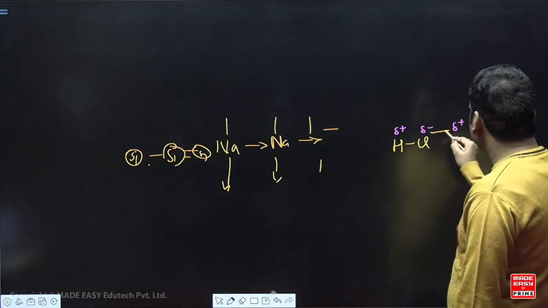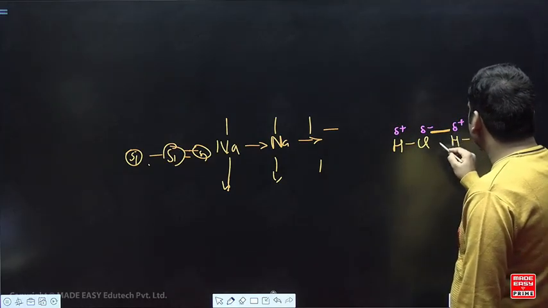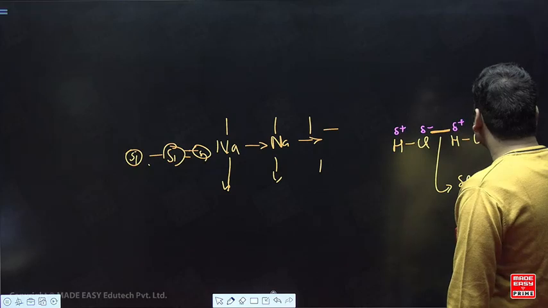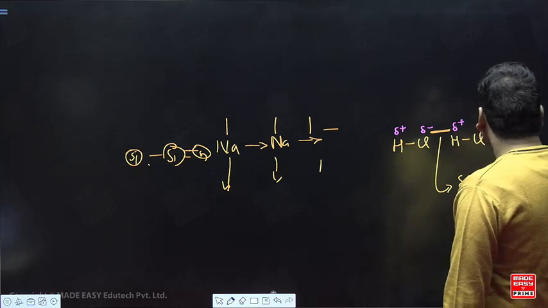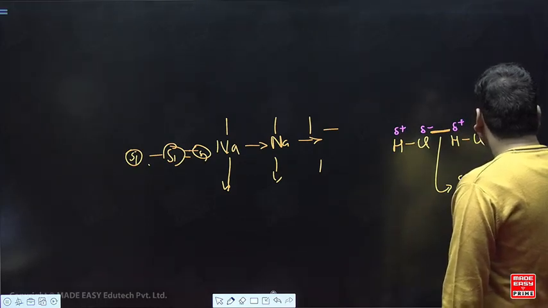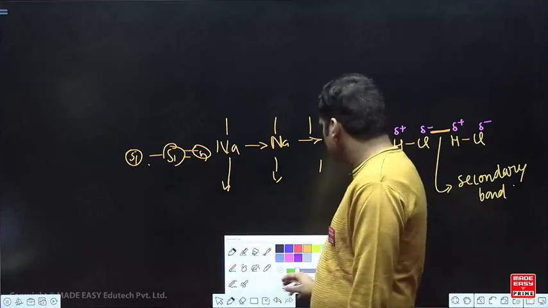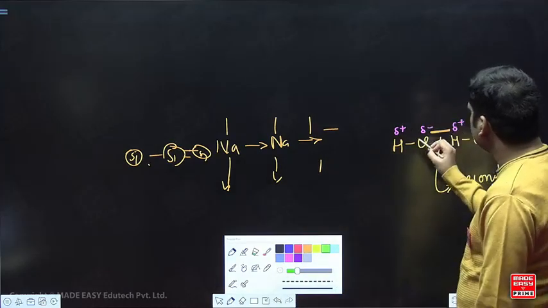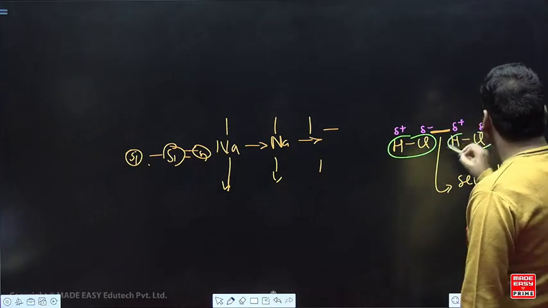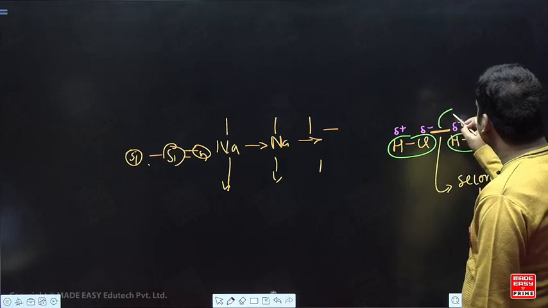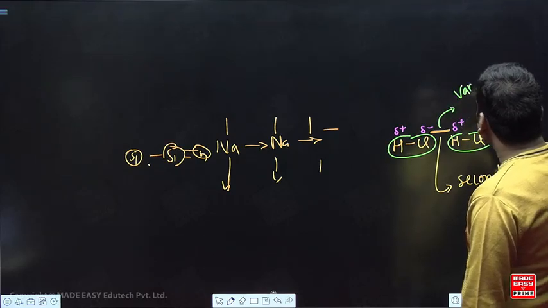If any kind of bond is formed between these two molecules, that is known as secondary bond. And this weak force between these two dipoles is known as van der Waals force.